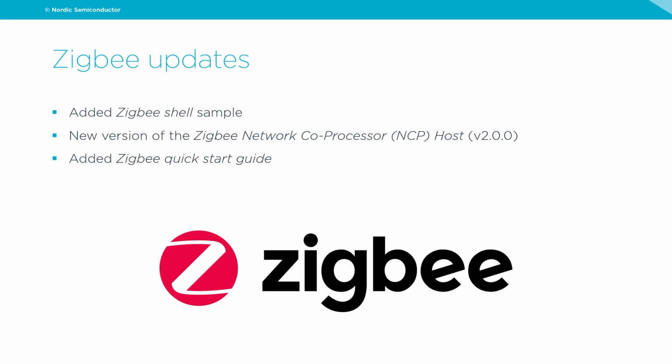nRF Connect SDK 1.8 adds also a new Zigbee sample and library called Zigbee Shell. The Zigbee Shell library implements a set of Zigbee Shell commands that allow you to control the device behavior and perform operations in the Zigbee network, such as steering the network, discovering devices, and reading the network properties.